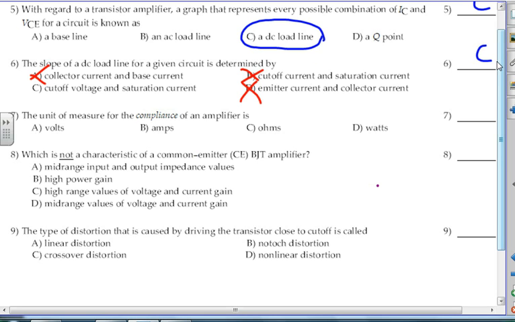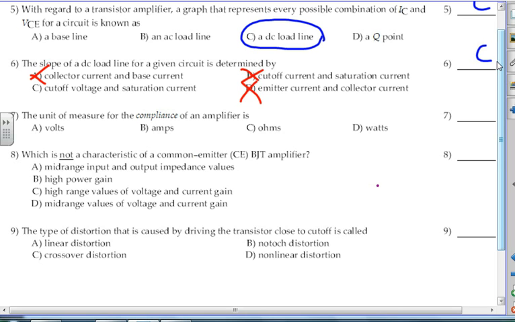The unit of measure for compliance of an amplifier is... compliance. Oh, I know.